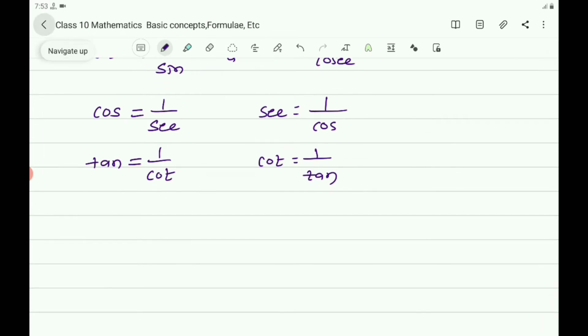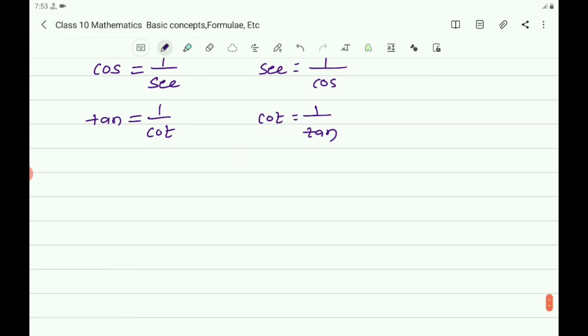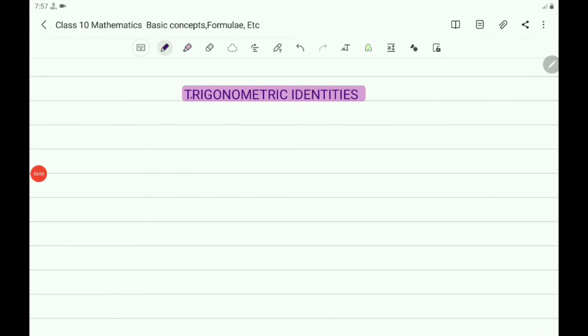Then also you can have some identities. What are the identities? The trigonometric identities. The first one is sin square A plus cos square A equals 1, or sin square theta plus cos square theta equals 1.